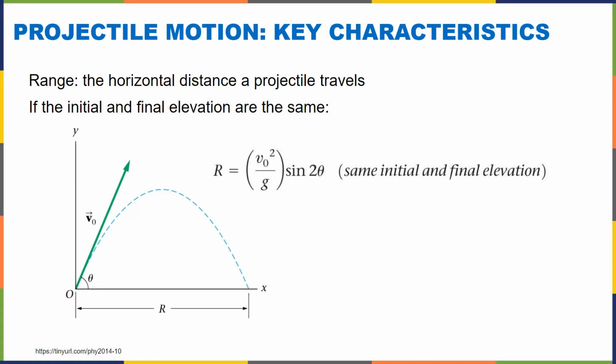But you can vary the angle to reach your maximum range. Sine of 2 theta does have a maximum of 1, so you can change your angle to reach the maximum range.